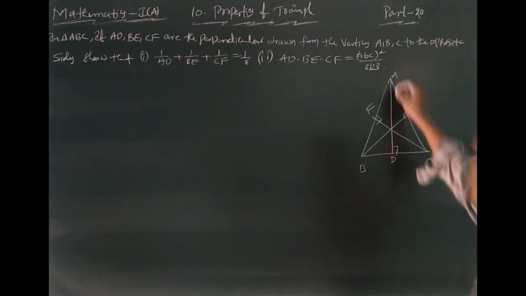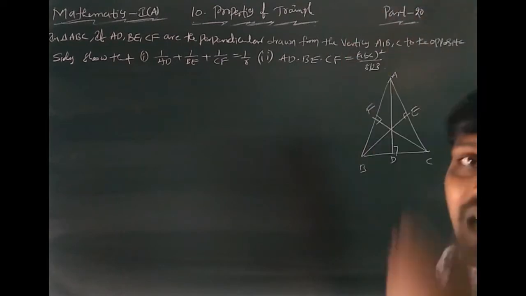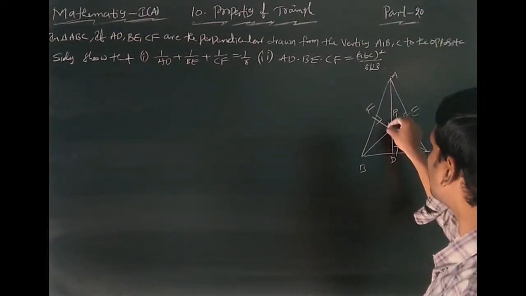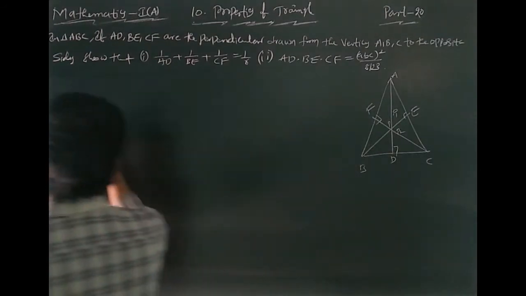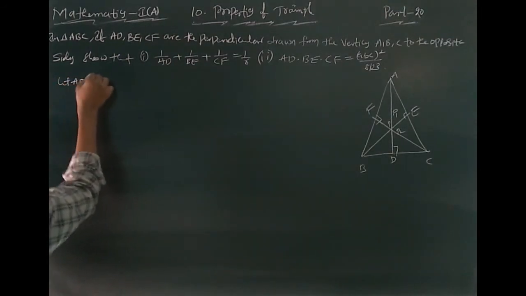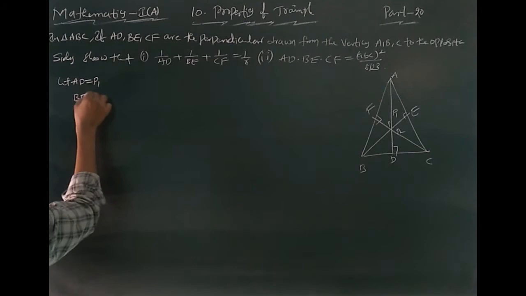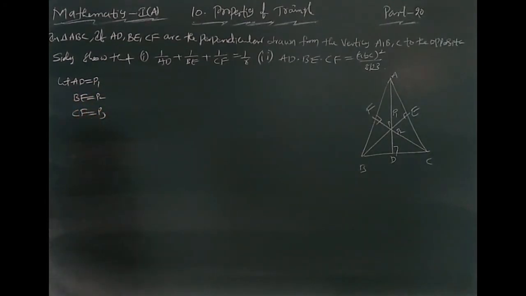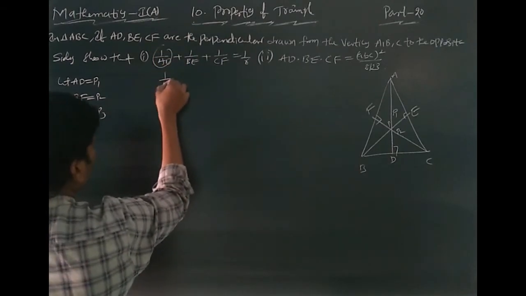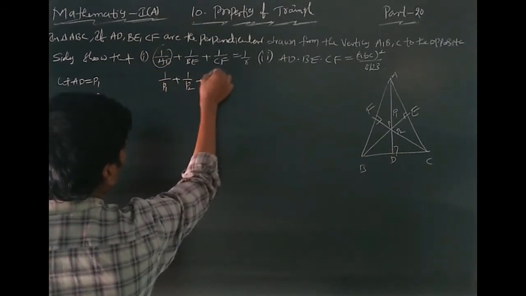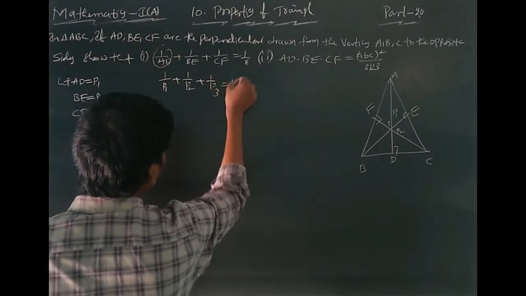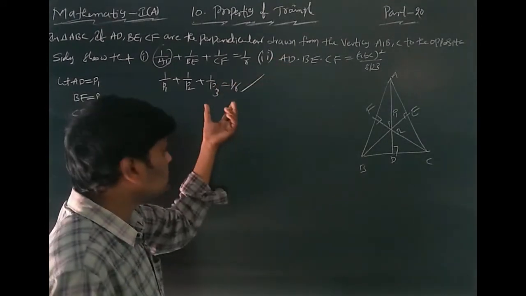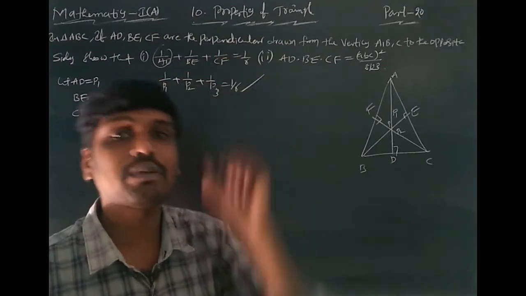Suppose let AD equal to P1, BE equal to P2, CF equal to P3. That's why you can write 1 by P1 plus 1 by P2 plus 1 by P3 is equal to 1 by R. This is the first problem of the previous problem.